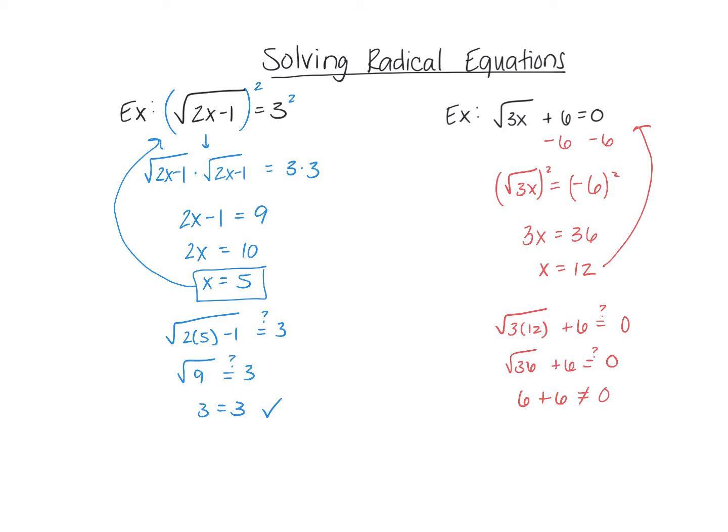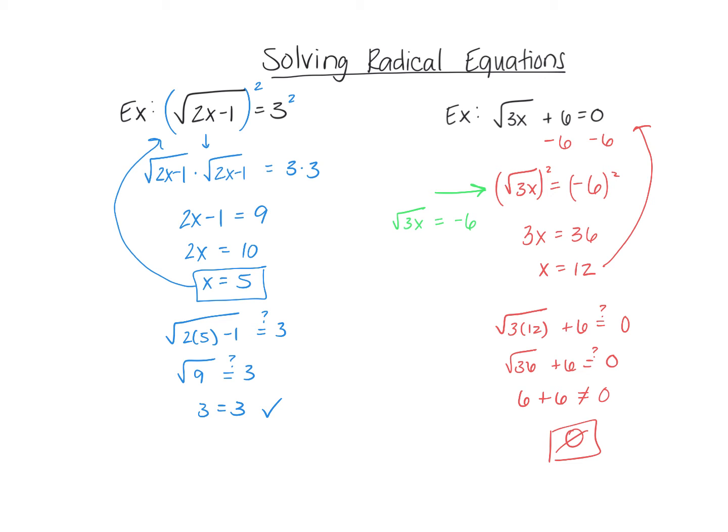The answer is no. So this equation does not have a solution because there's no x value that will work in the original. I'm going to make an argument that you would actually know from this step that you don't have a solution to this equation. If you think back to what we started with here, we had the square root of 3x is equal to negative 6.